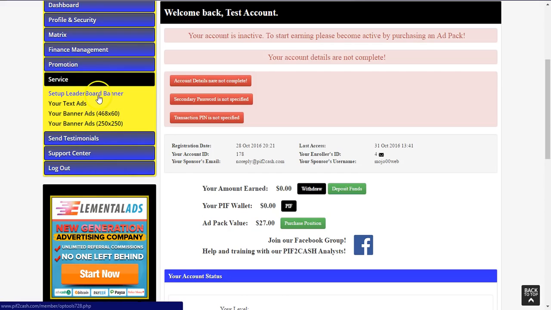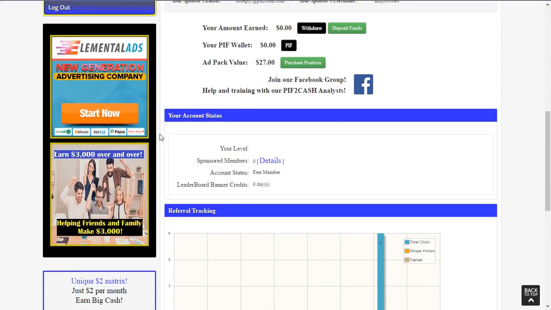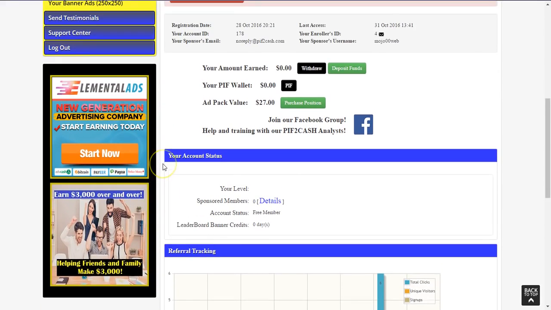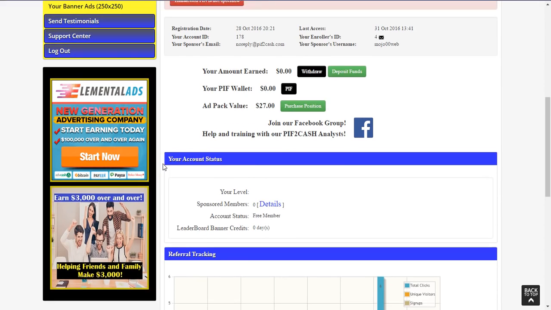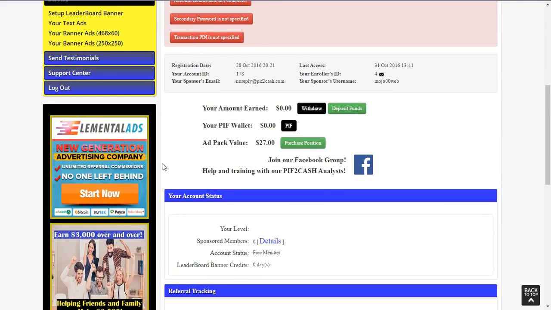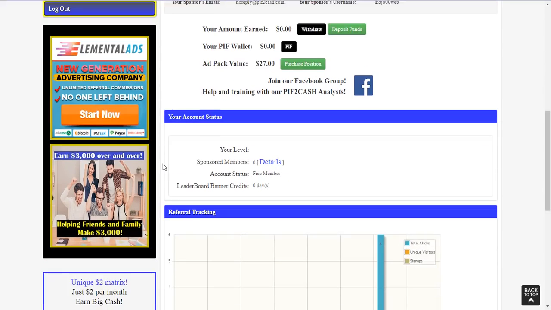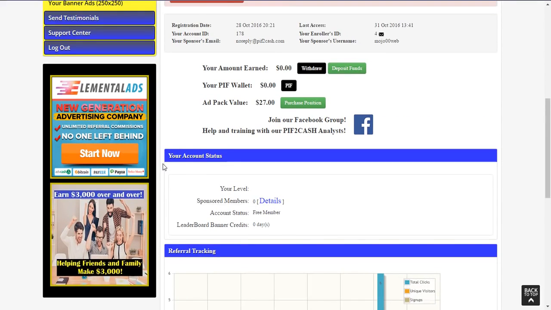Services: set up your leaderboard, text ads. Of course, we've got 468 and 250 by 250. We've selected 250 by 250 because 125 by 125 banners are actually the worst banner in the industry. So we decided to go with 250 by 250s because this is like the number 4 or number 5 banner used in the industry.